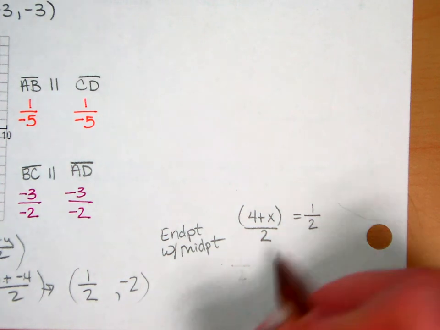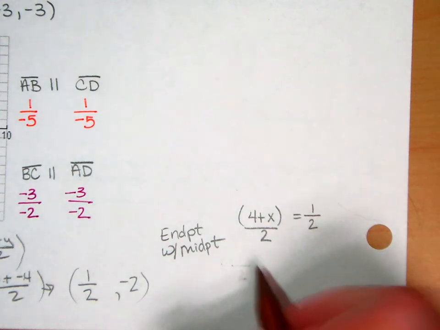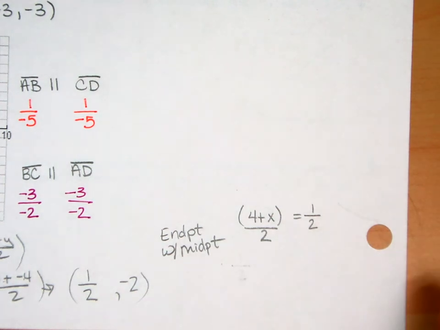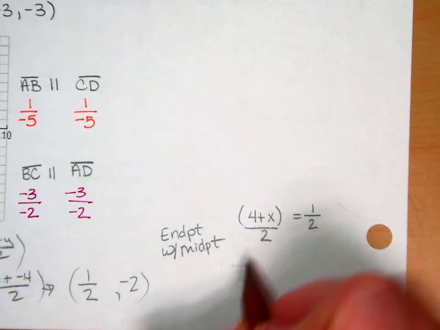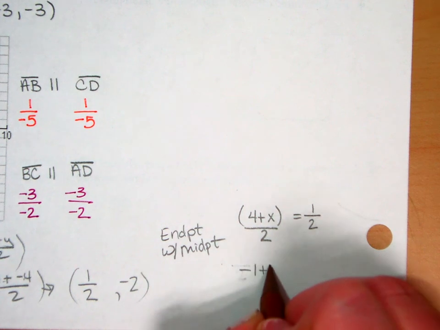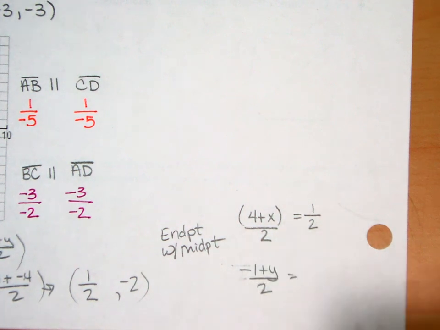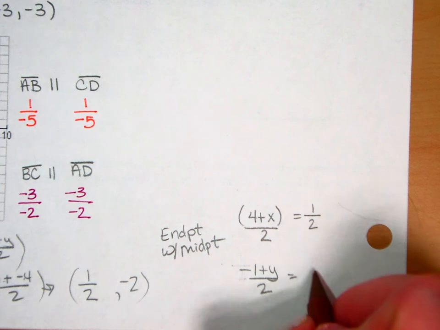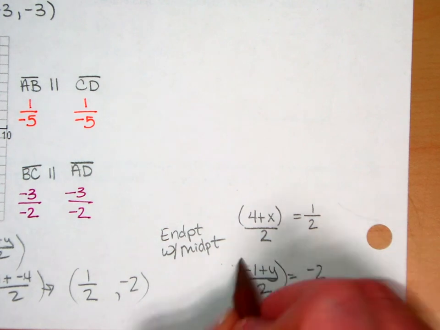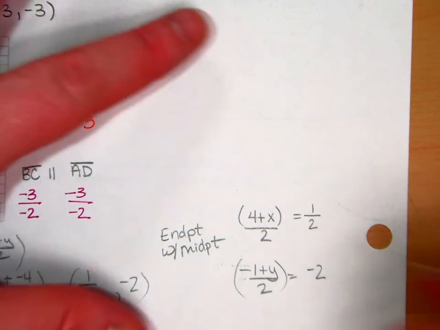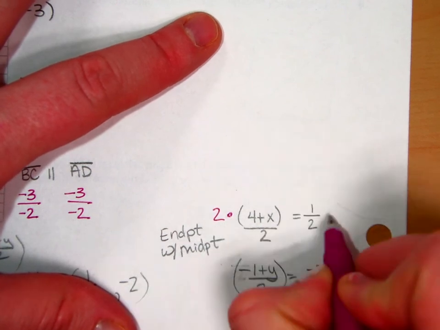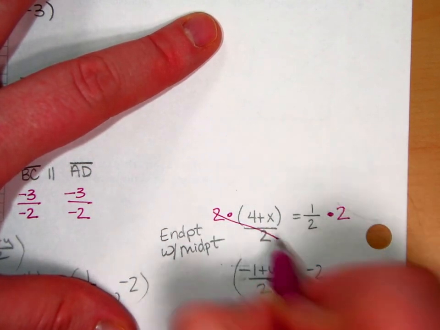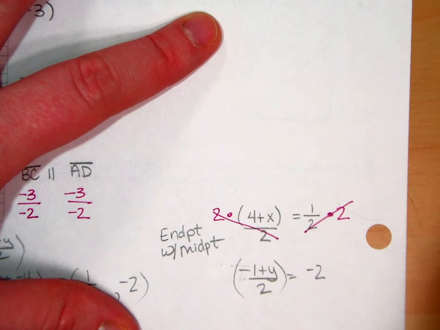And I'm just making sure I'm doing this right. I apologize. I usually do it just by slopes, but talking to Mr. Neff today, I'm like in the algebra. And then to do y's, the B y is negative 1 plus y divided by 2 equals the midpoint's value of negative 2. Okay? So to do this, you multiply by 2, multiply by 2, cancel out, cancel out.